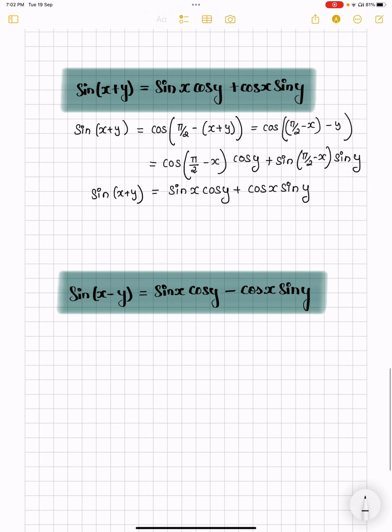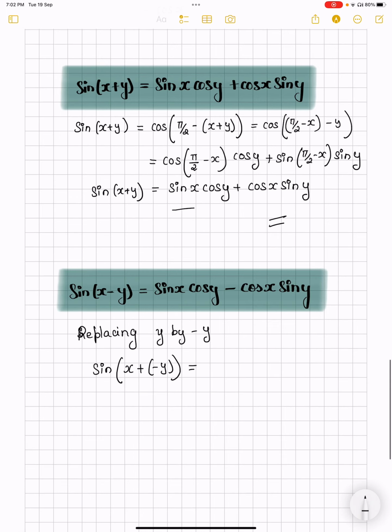Now in the same way, we would just be replacing y by minus y in my previous formula, the above one. So I would have sine of x plus minus y, applying it in this formula: sine x cos of minus y plus cos x sine of minus y.